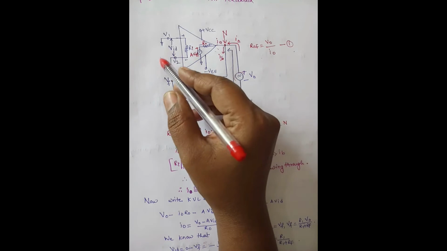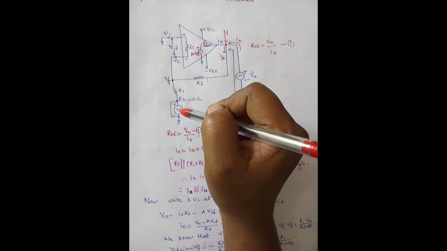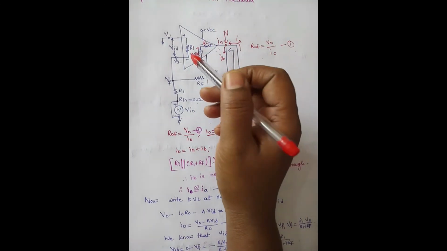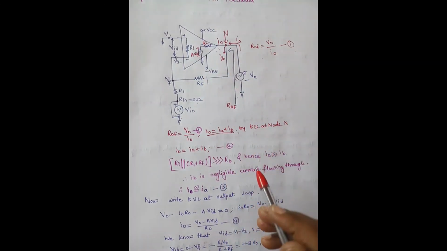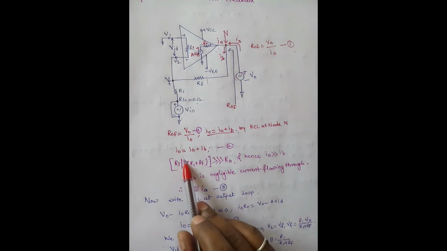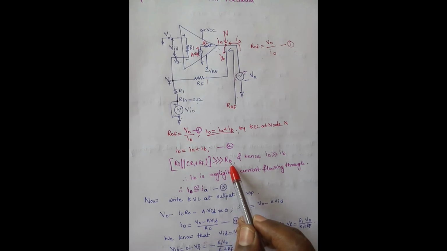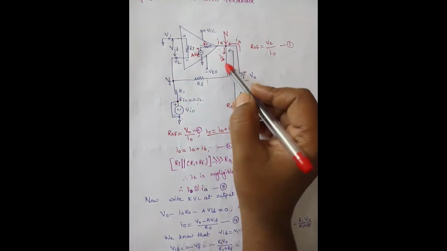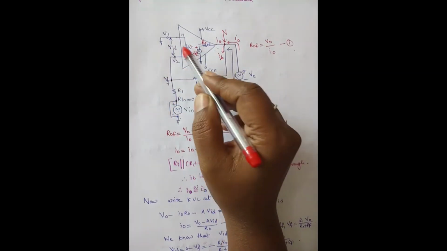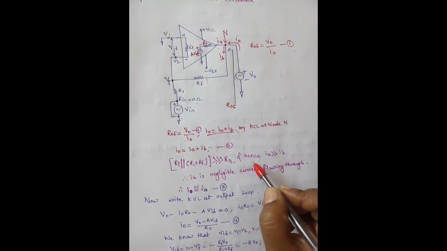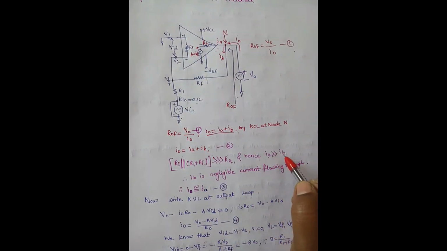So this equivalent resistance will again have a very large value in comparison with R0 because of the open loop input resistance. Because Ri is in parallel with R1 plus RF, it will give a very large value compared to R0. What happens is minimum current will flow into this terminal because it has the maximum resistance. So minimum current flows into this terminal and hence we can write IA is the maximum current compared to IB.